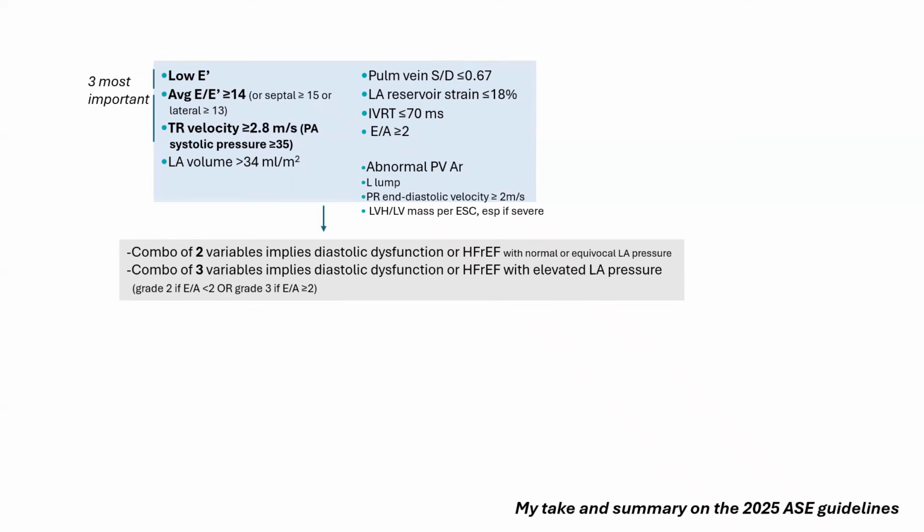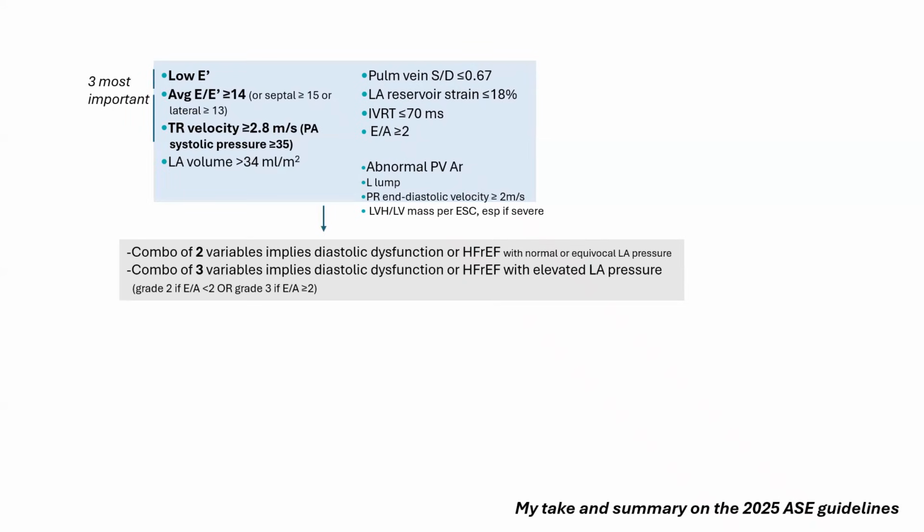And keep in mind that those parameters may also be used in heart failure with reduced EF. But in heart failure with reduced EF, the combination of variables is no longer used to define diastolic function because, by definition, any systolic dysfunction has diastolic dysfunction.